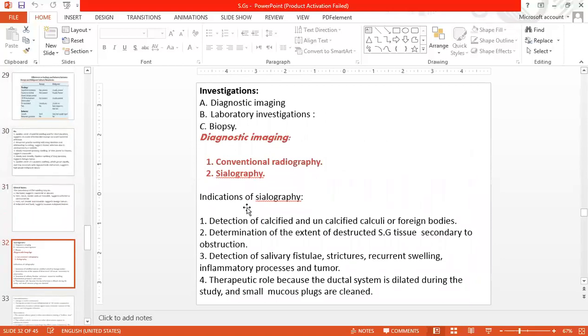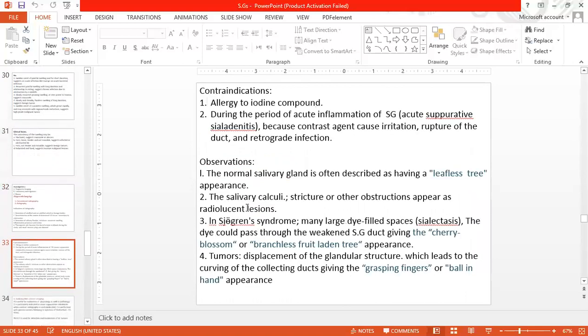For the investigation, we have many diagnostic imaging processes to diagnose the conditions, starting with conventional radiography like sialography, as we see in Sjogren syndrome, in punctate sialectasis. But we have contraindications for this, including allergy to iodine compounds, because the contrast media is iodine.